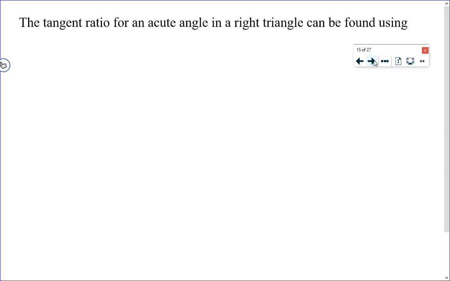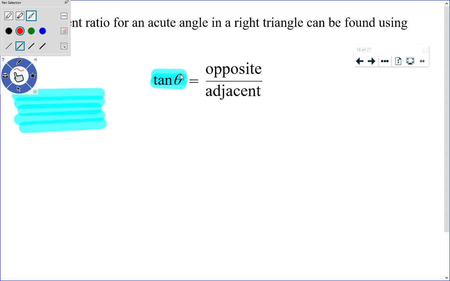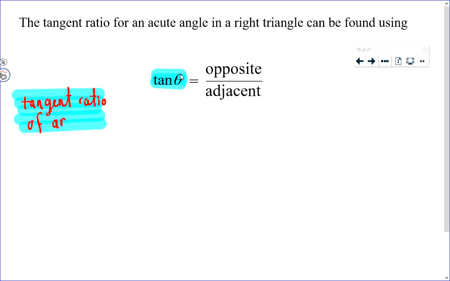And that relationship is this, that the tangent of an angle, so this right-hand side, I just want to write a few things here. This is the tangent ratio of angle theta.